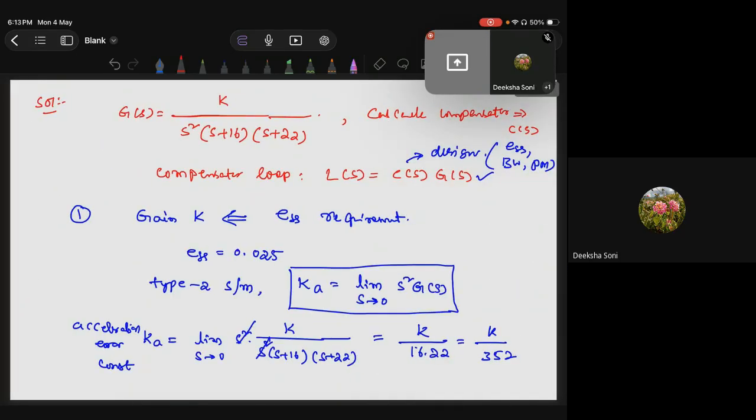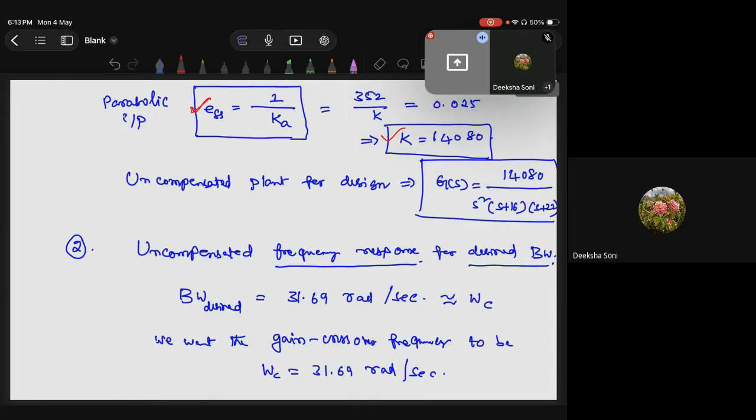Okay. So first, in step one, we are finding the gain K for this steady state error using the acceleration constant as well as the ESS equation from the earlier modules. Then we are finding the gain crossover frequency omega c for the given bandwidth.